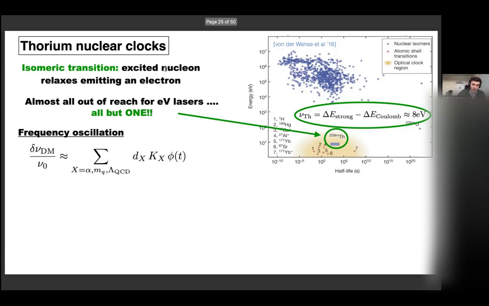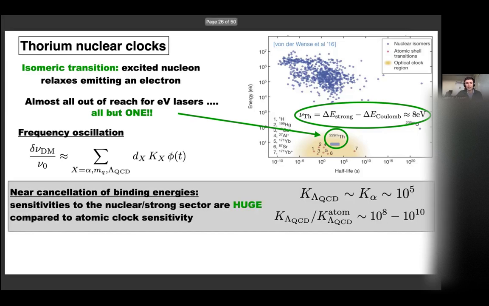So as you can imagine, now we're going to again look at frequency oscillations due to the dark matter candidate. So again, they're parameterized as before by these dilaton-like couplings, some sensitivities, and the oscillating dark matter candidate. But now, because this is a nuclear transition, thorium has a very high sensitivity to the nuclear and strong sector.